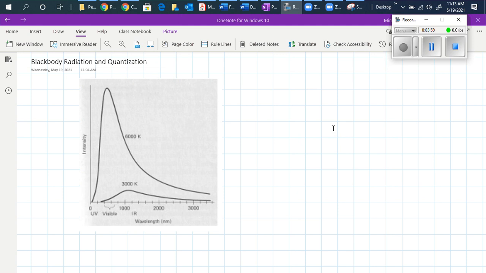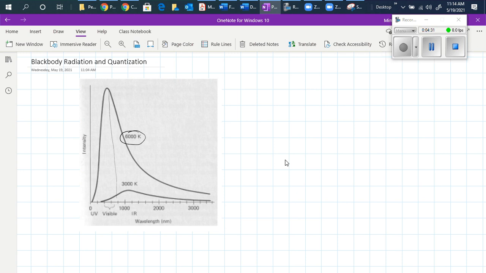As you see here on this picture, at 6,000 Kelvin, the curve here at 6,000, which corresponds to the temperature of the sun, we will see the visible spectrum at the peak.